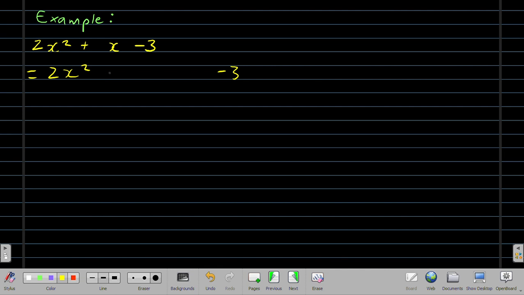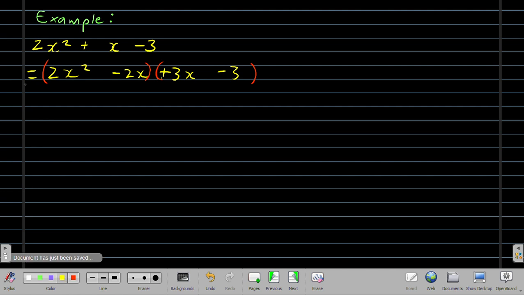So here I'm going to choose positive 3x and a minus 2x. So minus 2x plus 3x will give us positive x. I'm just writing it in this order so that I'm able to visually see the grouping here, but it wouldn't matter if you just said 3x minus 2x. It would be the same thing.